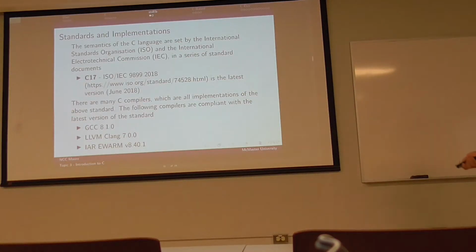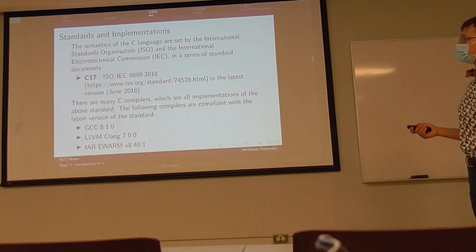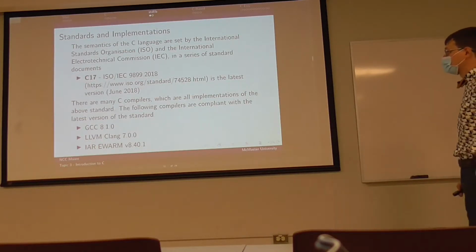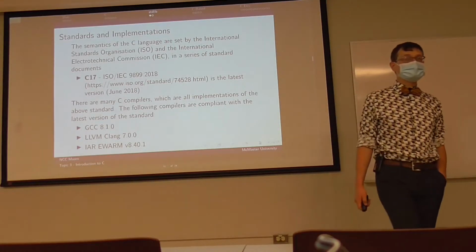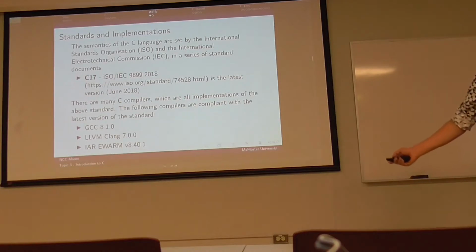So, the semantics of the C language are set by the International Standards Organization, ISO, and the International Electrotechnical Commission, IEC, in a series of standards documents. The most recent of which is C17.